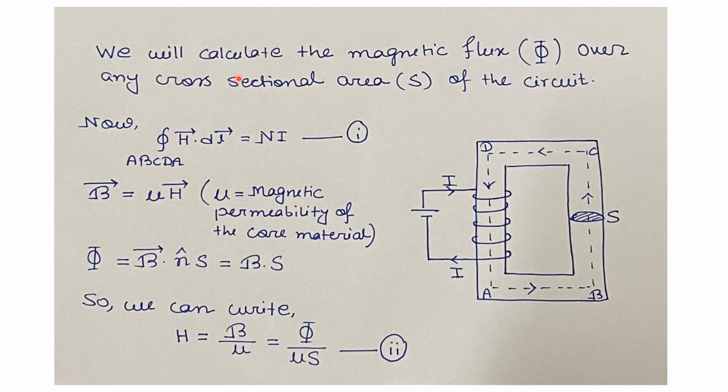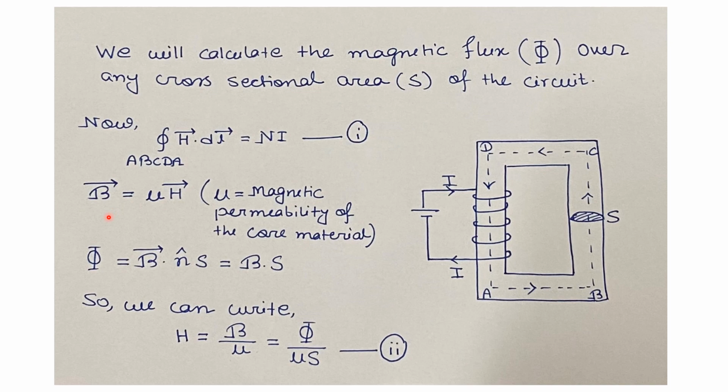Now we will calculate the magnetic flux phi over the cross-section area S in the circuit. According to Ampere's circuital law, the closed path integral of H vector is Ni, where the closed path integral is taken on the closed path ABCDA.